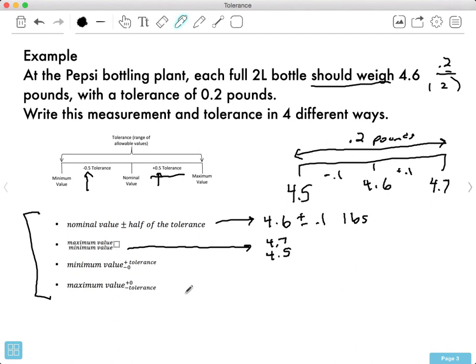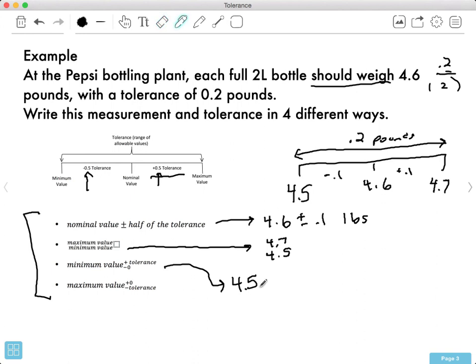Okay, then the next 2 are a little goofy. Next one's minimum value. It says minus 0. Now the reason it says minus 0 is you can't go lower than the minimum. And then plus the full tolerance. So another way to write this is I could start at the minimum, which is 4.5. Let's just fix that up.